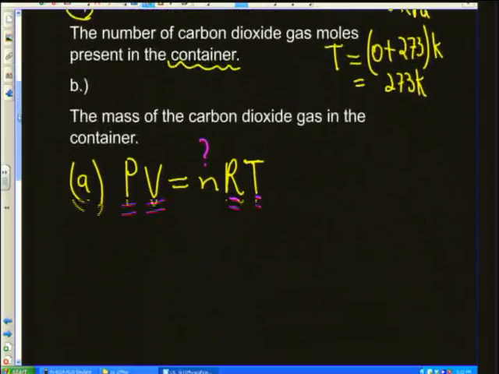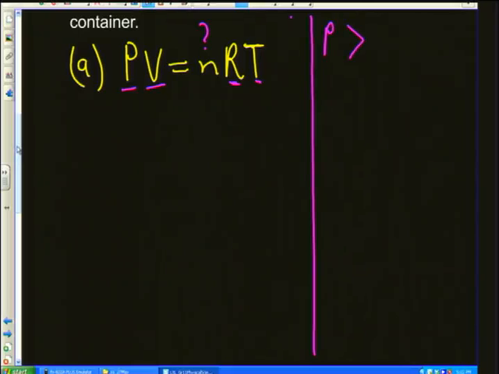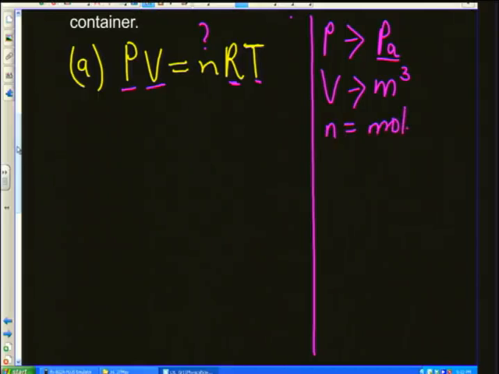All right. Now, when I use this formula here, I need to know that always the pressure is measured in pascals. This is the SI unit of pressure. The volume has to be in cubic meters. That's very necessary for me to know. Of course, n should be in moles.